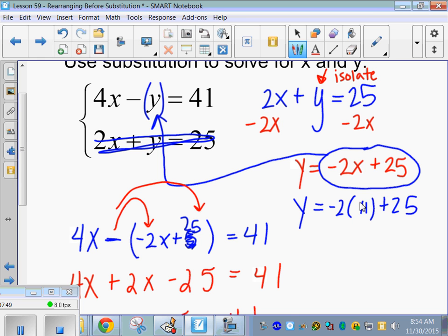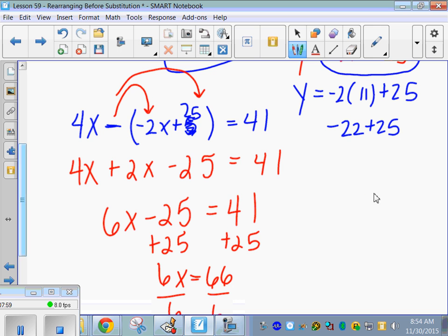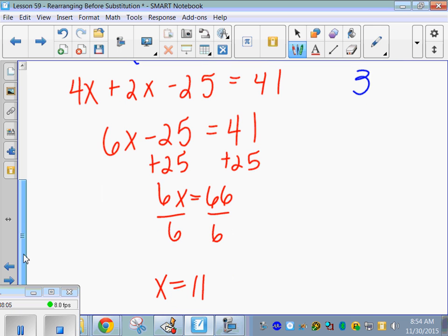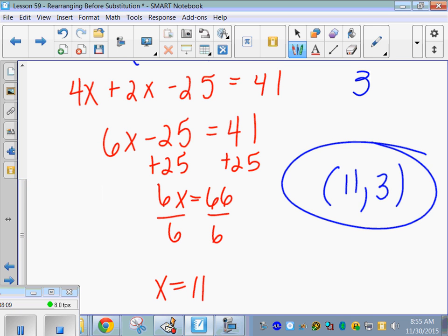Very good. So we're substituting in the x right here. Okay, so here's where y equals. This is the best place to plug it in. Negative 2 times 11 plus 25. Riley, what'd you get for your answer for y? Close. Good. So then we write our answer as an xy coordinate, 11, comma, 3.